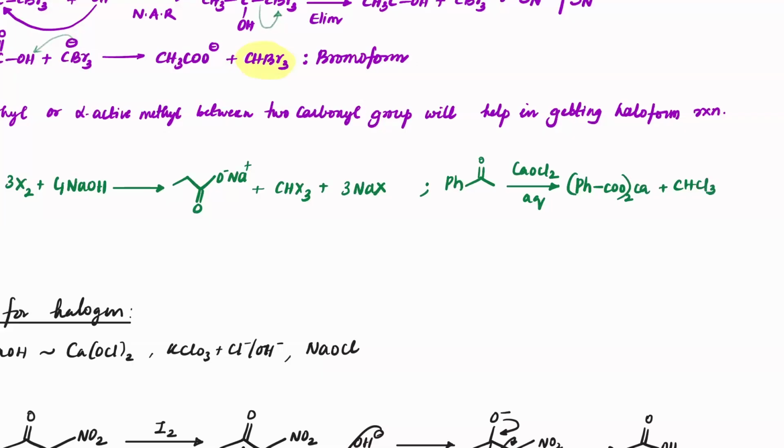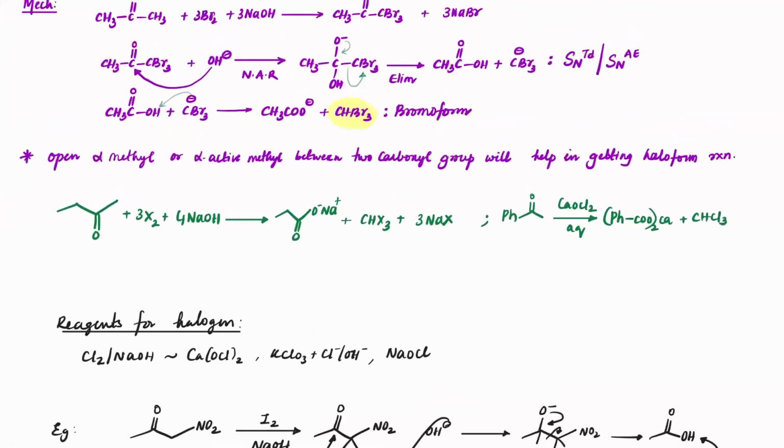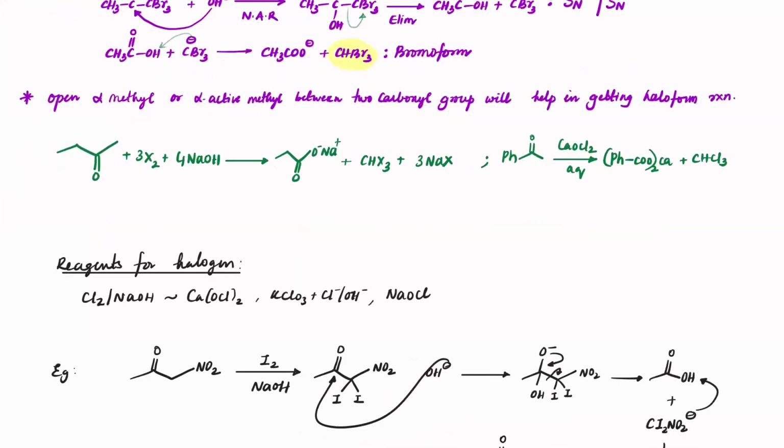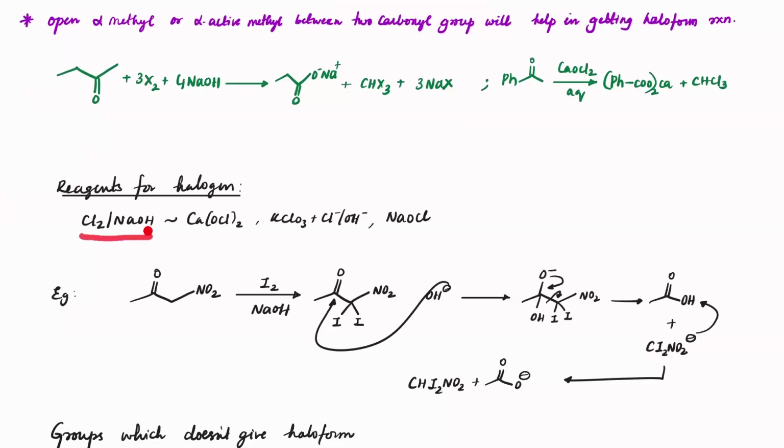This is the product formed. Done. So you can see chlorine in NaOH, or CaOCl2, or KClO3 plus Cl minus in basic medium, or NaOCl. All of them represent that we are getting a Cl plus out of it, and that will help in halogenation.